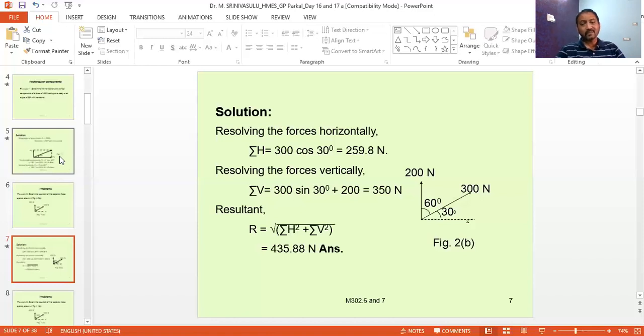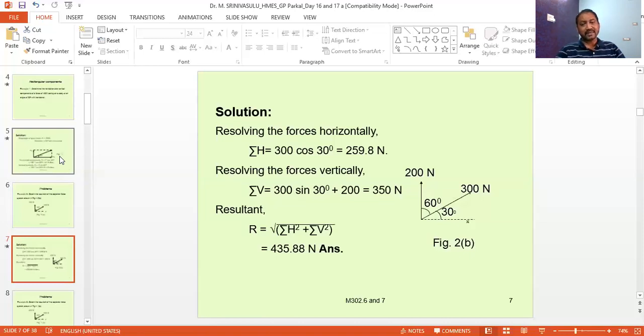Now resolving the forces vertically. Here we have two forces: the vertical force, and the other force making some angle with horizontal.